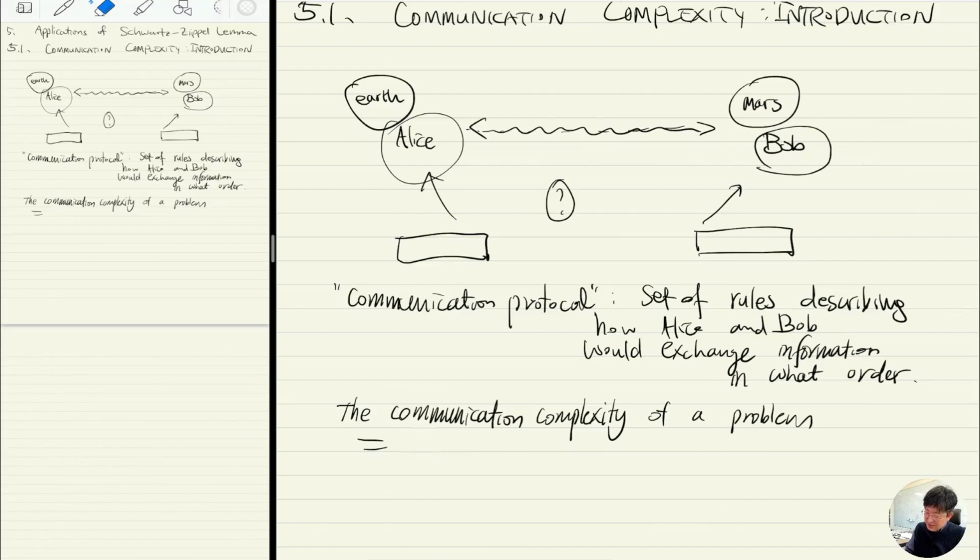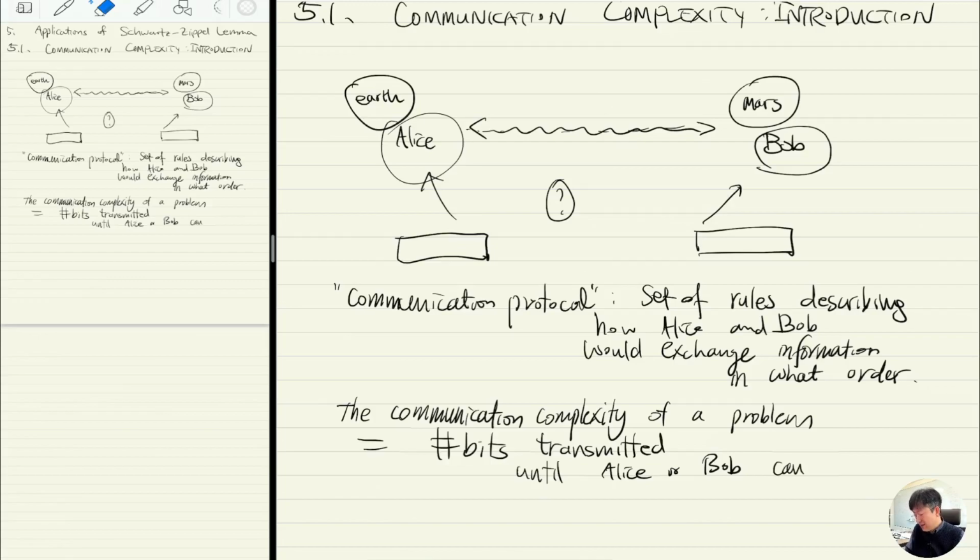Okay, so let's say it's the number of bits required, transmitted, until at least, okay, let's say Alice or Bob can determine the answer.